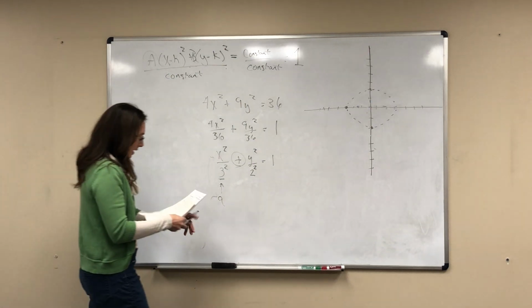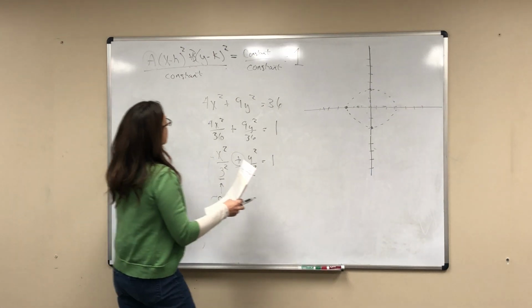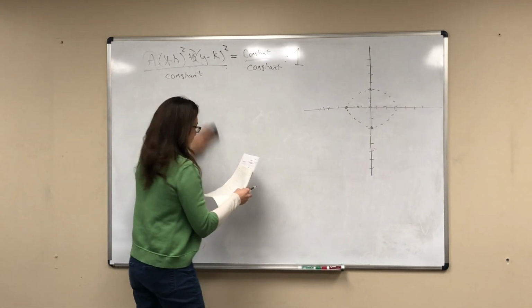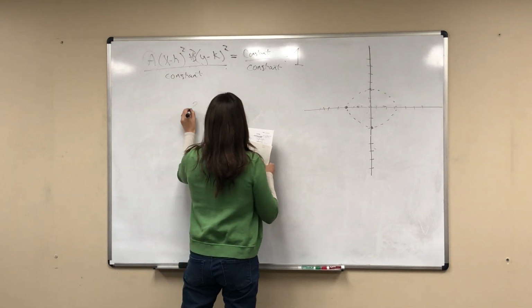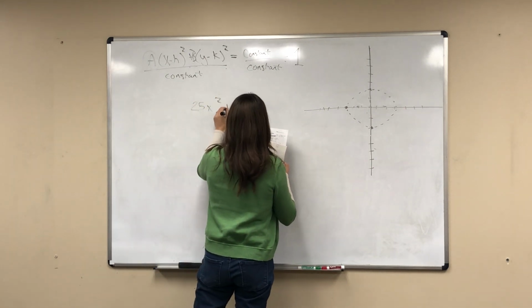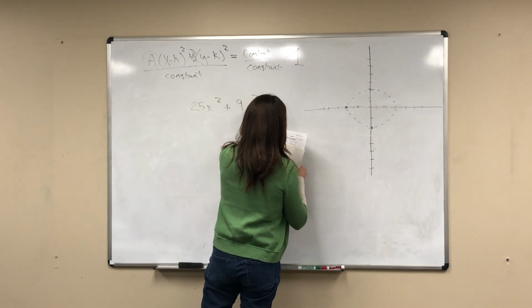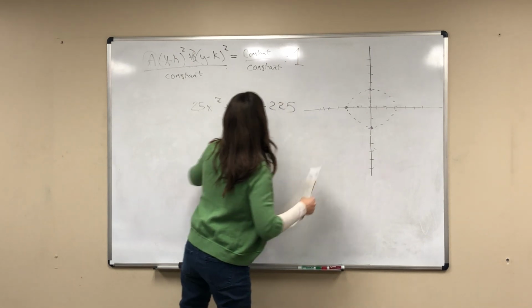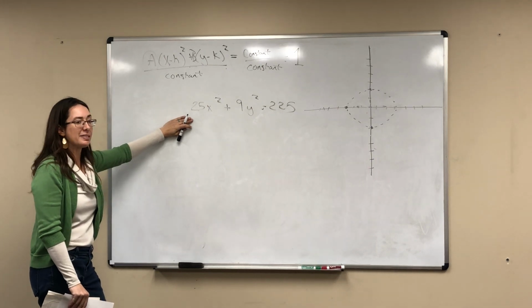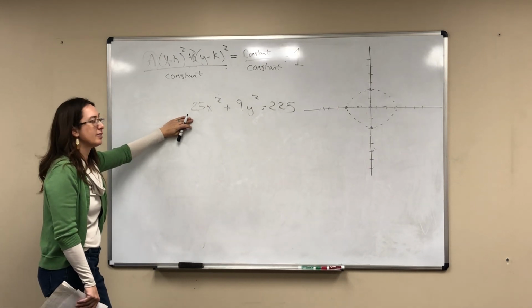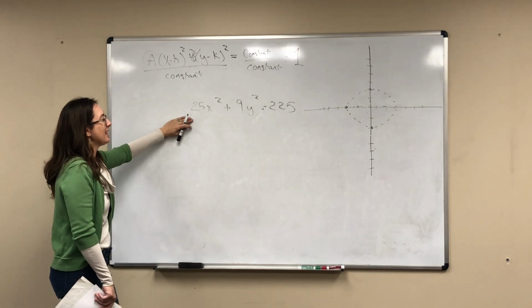So there's a real life practical application for that. Okay. Let's work through another one. 25x squared plus 9y squared equals 225. So first off, what shape is this? An ellipse.